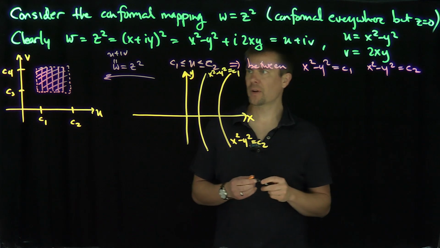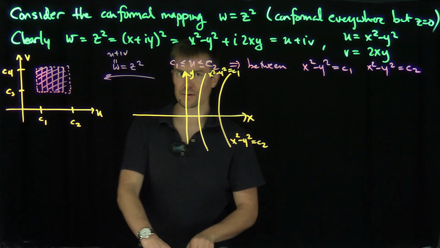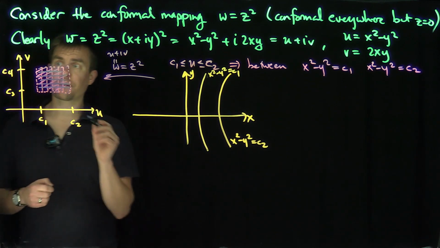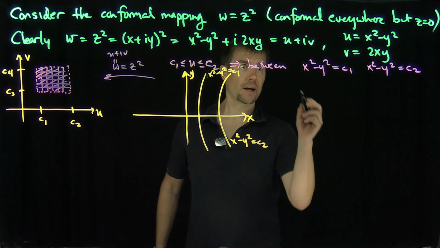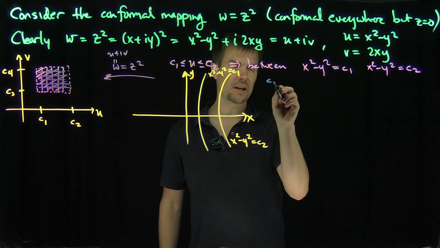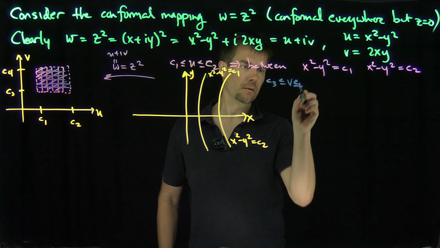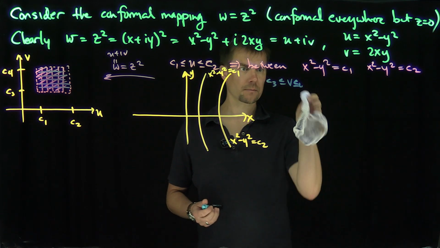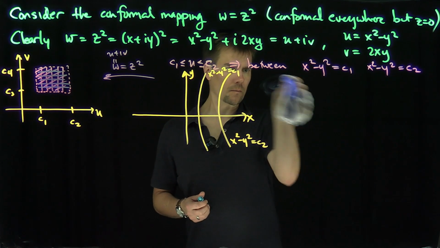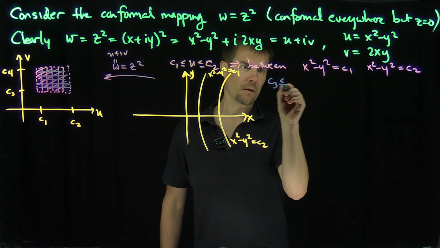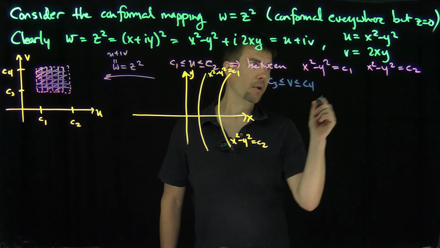Those are hyperbolas. And if I look at the other cross sections over here, these cross sections are for values of v between c3 and c4. For v between c3 and c4, what curves do we have?